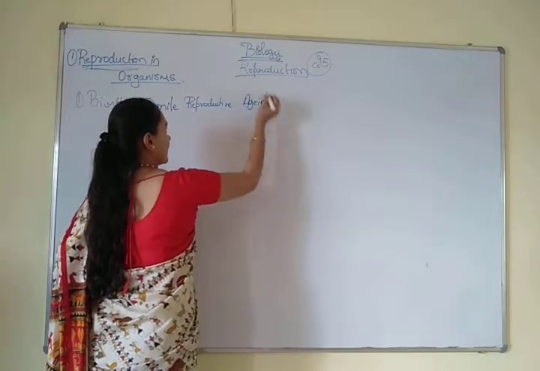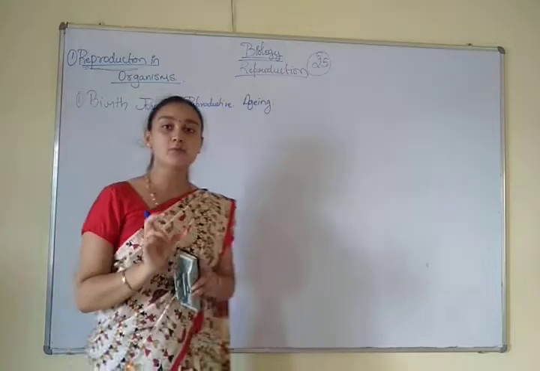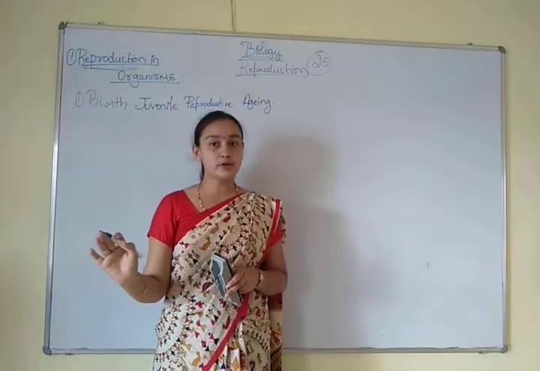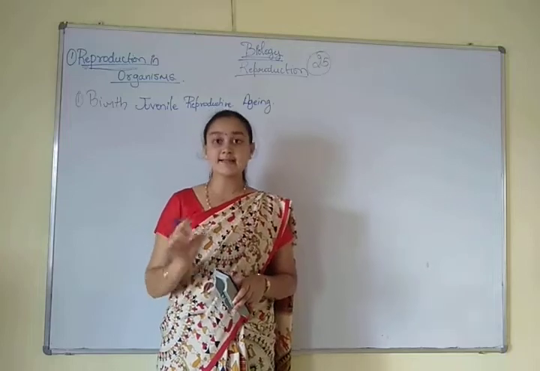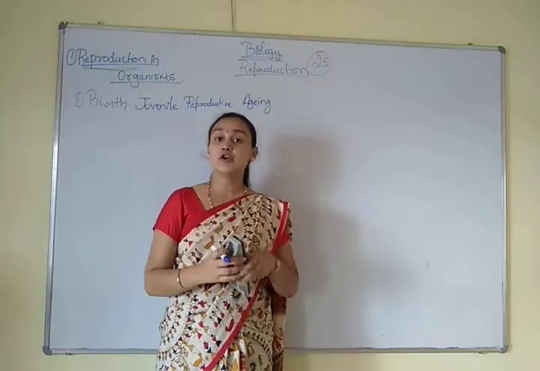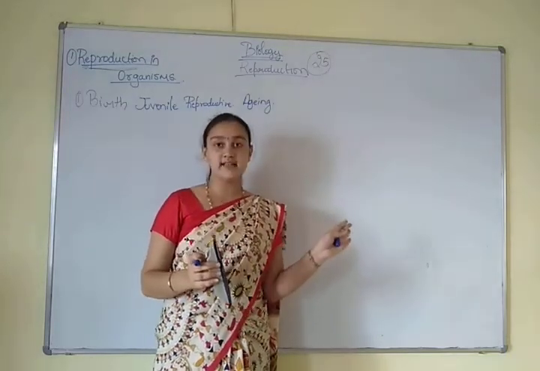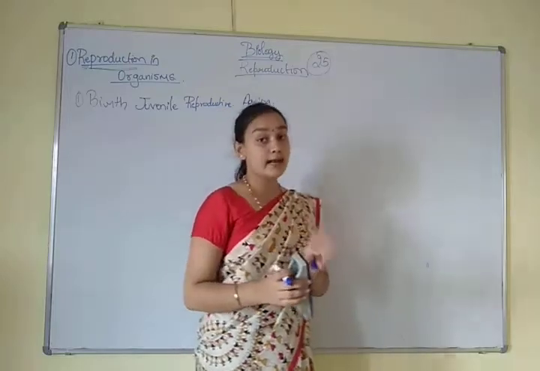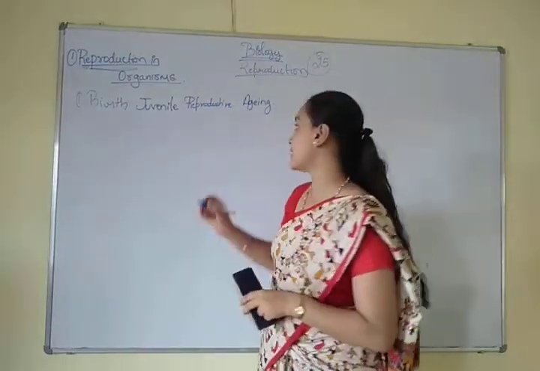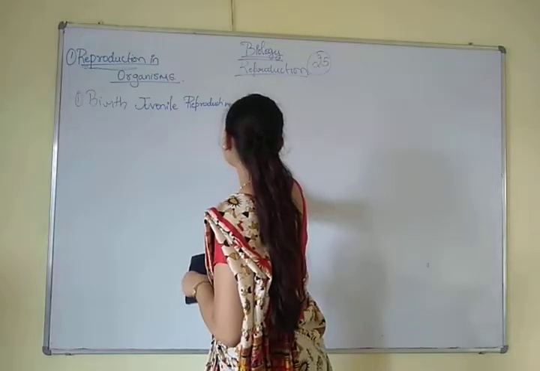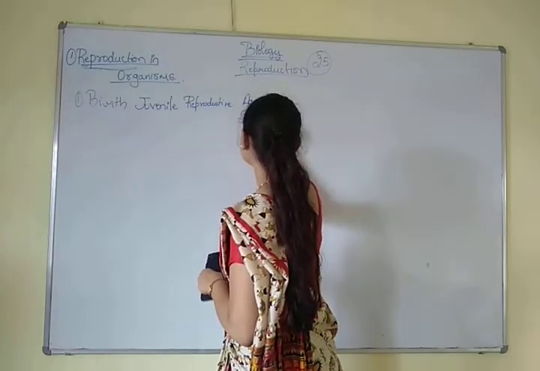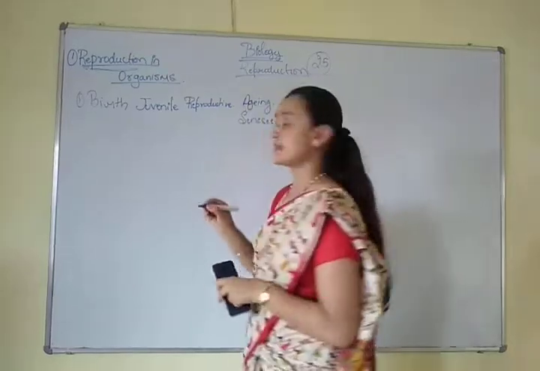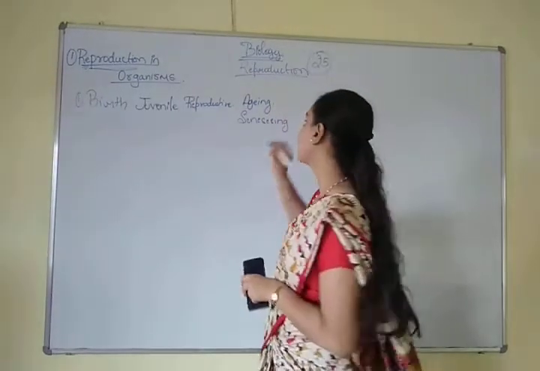Aging is a term more appropriate for human beings but not for plants. For human beings we say aging, whereas in plants we call it senescence.